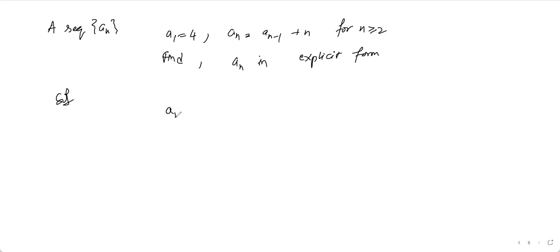So an is an minus 1 plus n. Now an minus 1 would be an minus 2 plus n minus 1, plus n.